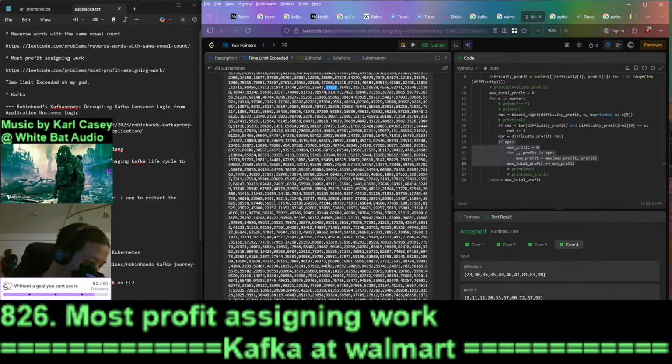So if we sort worker and go from the max, every time we go from the max, we move the index of difficulty down. And when we move the index of difficulty, we also want to move the profit, right?